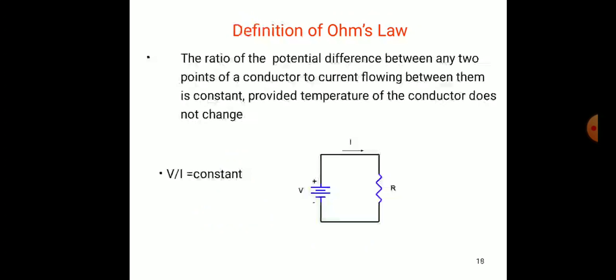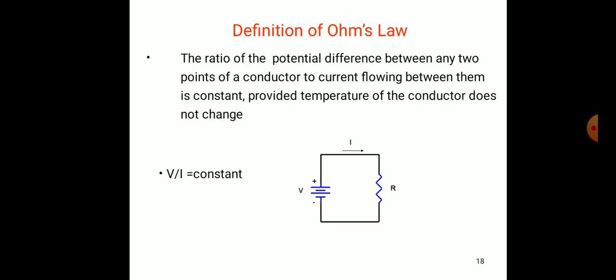What is Ohm's law? Ohm's law states that the ratio of the potential difference between any 2 points of a conductor to the current flowing between them is constant, provided the temperature of the conductor does not change.